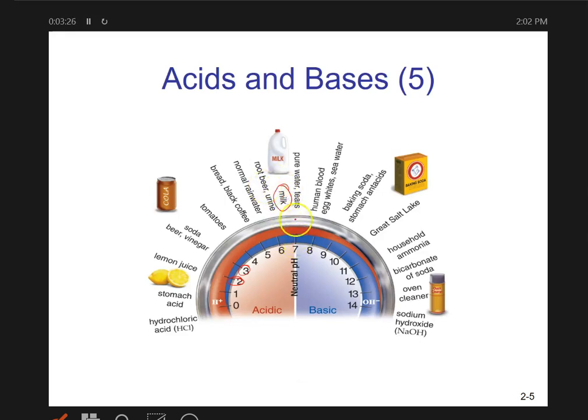Milk is close to neutral, a little bit lower than 7. And that is why back home, if you have acidity in your stomach, they advise you to drink cold milk. Of course, then you have baking soda, very much at 9, and finally sodium hydroxide at 14. You can also read the other compounds that you are familiar with.